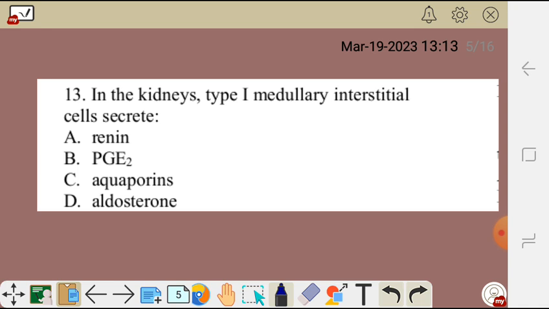What happens is that ADH, vasopressin, stimulates those cells to express the aquaporins in the collecting duct and also in the late distal convoluted tubule. So the type 1 medullary interstitial cells secrete prostaglandins. So the correct answer for question 13 is B.